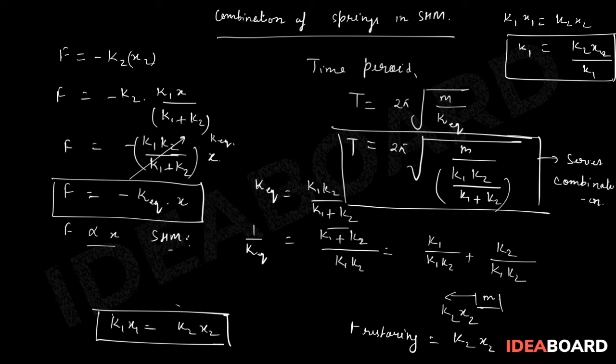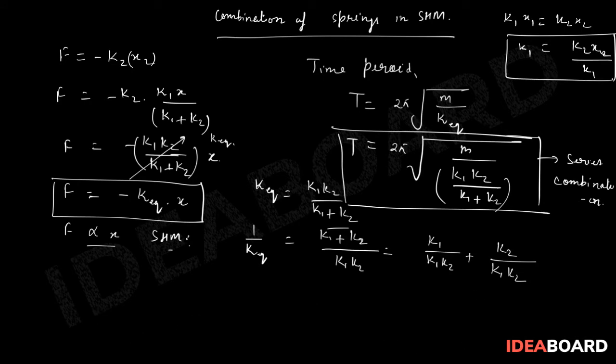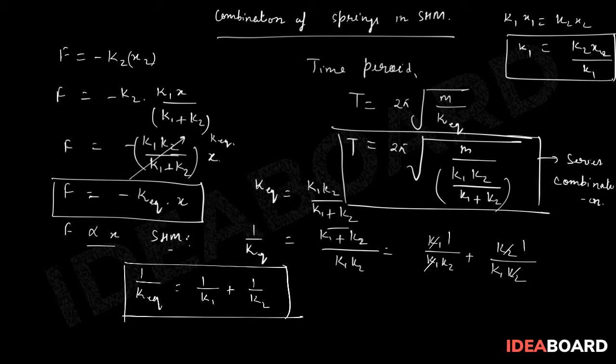So we are going to have a decent relation here for series combinations. So in this 1 upon K equivalent, K1 is cancelled by K1, K2 is cancelled by K2, giving 1 upon K1 plus 1 upon K2. So that means this is going to be the value of K equivalent in series combination.